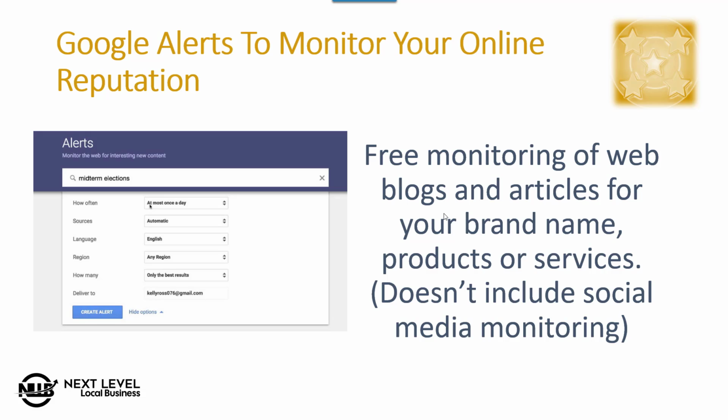But otherwise, social media and other things that are mentioned on the web, perhaps other directory sites and things of that nature, sometimes they don't do a good enough job. But it is a way for you to keep an eye on what's being said about you, and that sort of thing. So if you have a limited budget, you can use this.